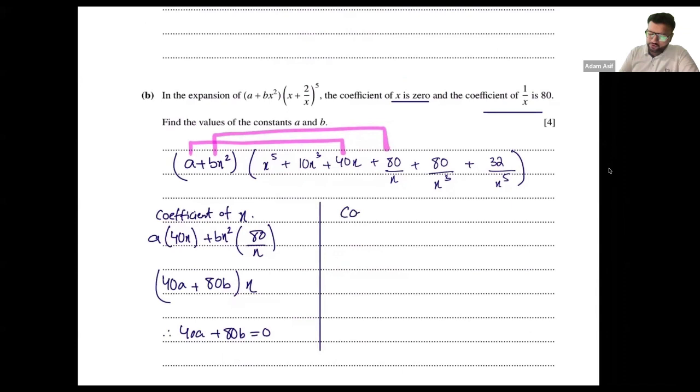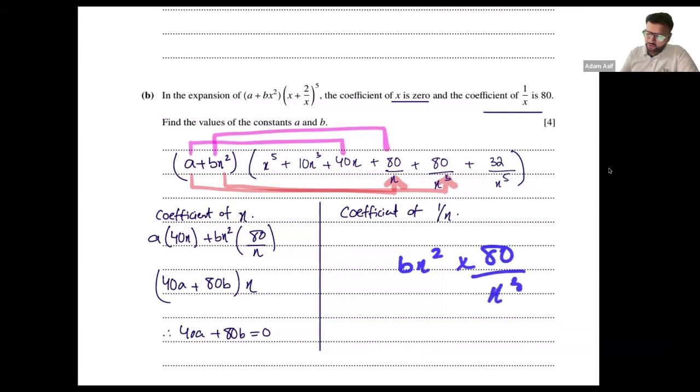Then we have the coefficient of 1 upon x. How can we get the coefficient of 1 upon x? We need to multiply a with the term 1 upon x, and bx square with 80 upon x cube, because bx square times 80 upon x cube will give us 80 divided by x.